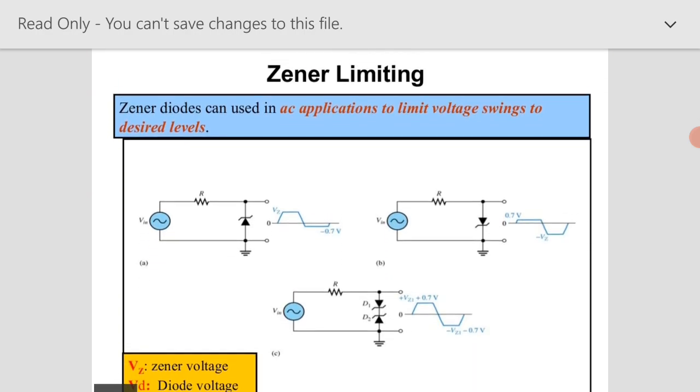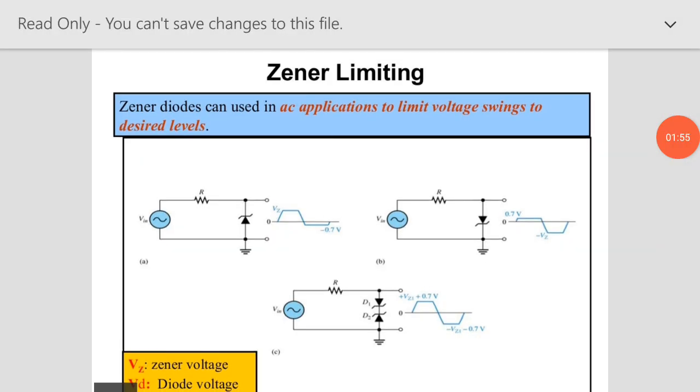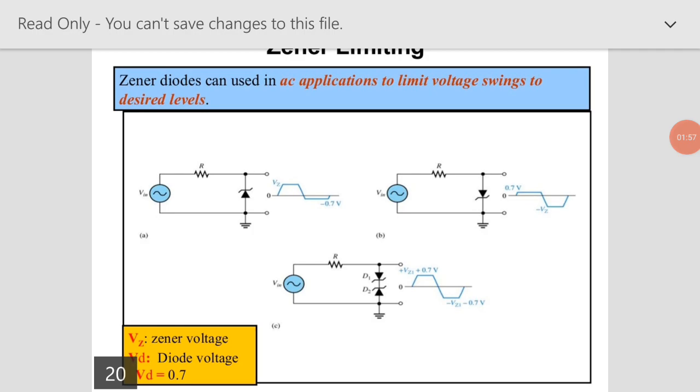The Zener limiting diode. Zener diodes can be used in AC applications to limit voltage swings to desired levels. Vz is equal to Zener voltage, Vd is equal to diode voltage, Vd is equal to 0.7 volt.